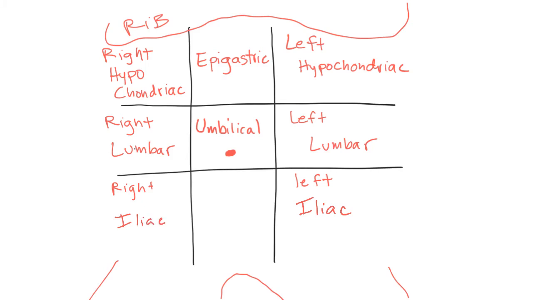And then below the viscera, below the stomach, hypogastric. This is also sometimes called inguinal. Okay, but those are your 9 terms.